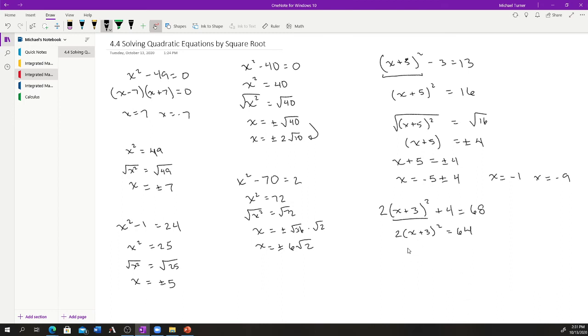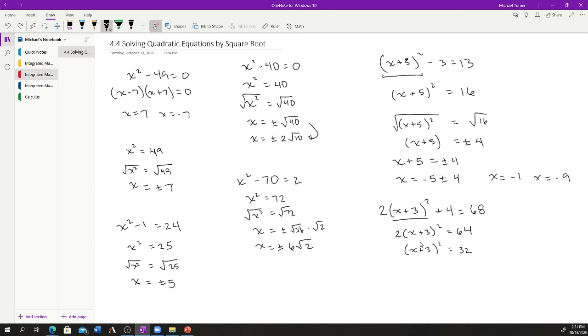I would divide both sides by 2. And now I'm going to take the square root. For your assignment, unless I made a mistake, more or less all the answers are going to be integers. Here it's possible that you get one where you have to simplify the radical like we did in example 3. That's totally okay.